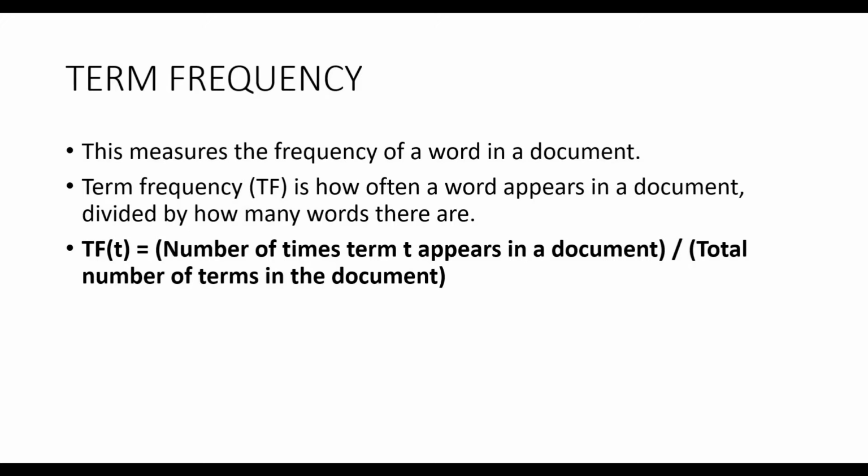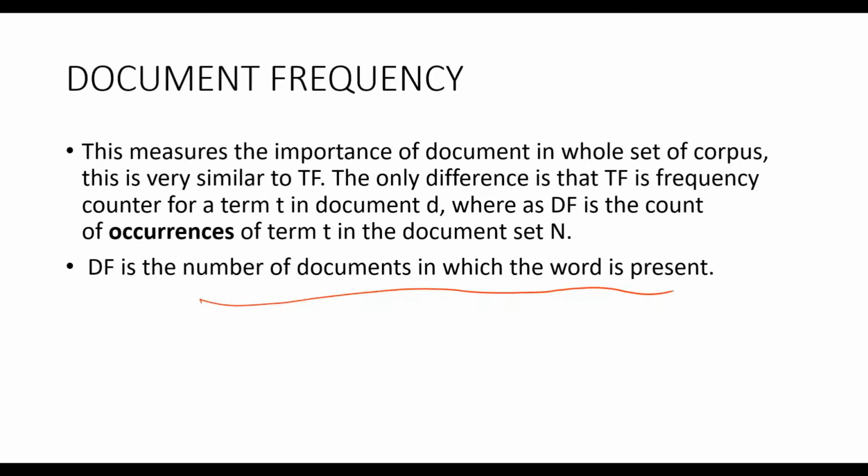The formula is: number of times term T appears in a document, divided by total number of terms in the document. Document frequency is the number of documents in which the word is present.